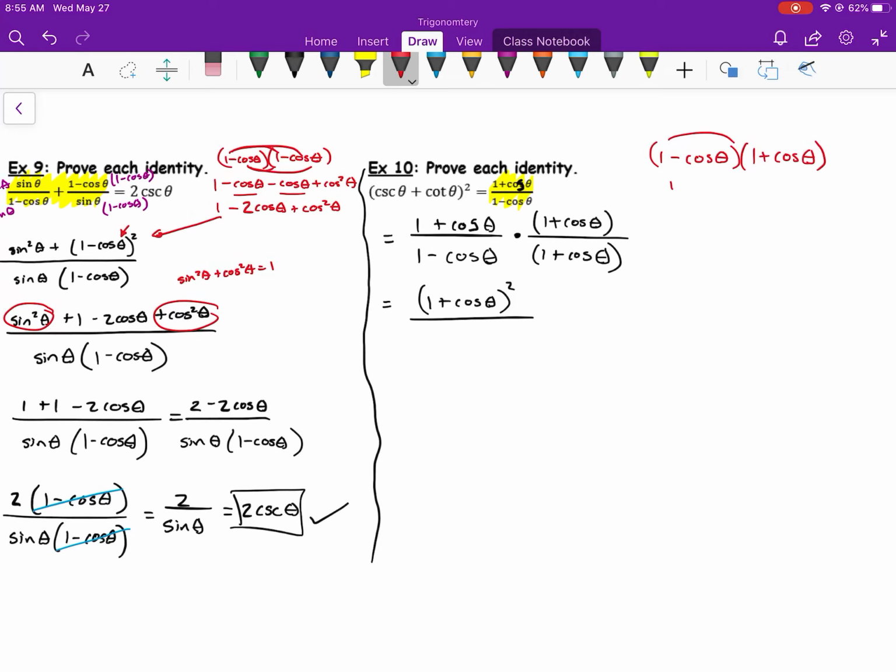First, I get 1 plus cosine theta, and I get minus cosine. And the last one, minus cosine squared theta. Middle terms cancel out. So we'll have 1 minus cosine squared theta.